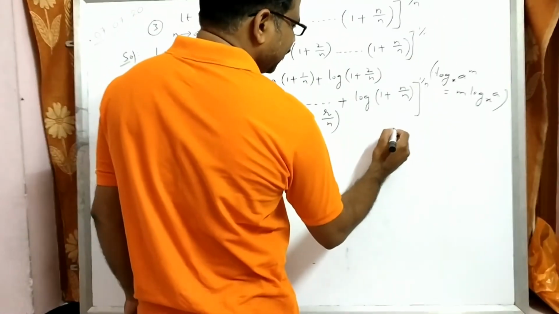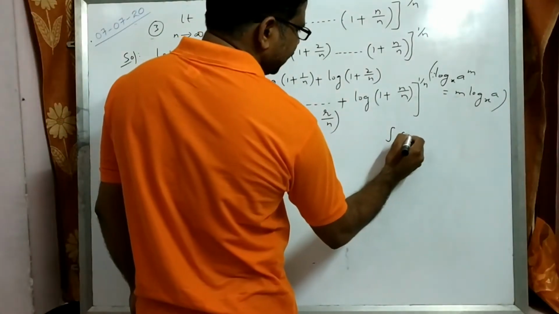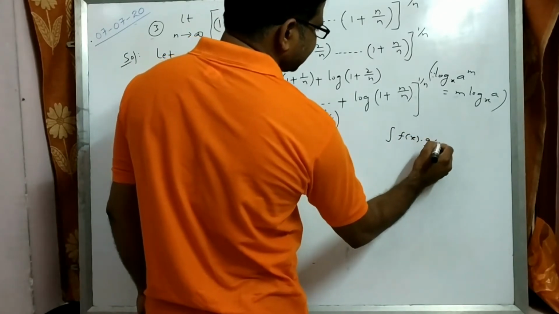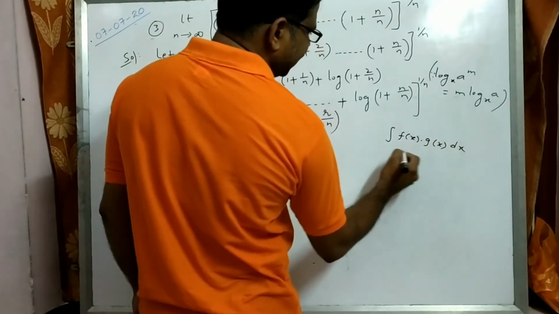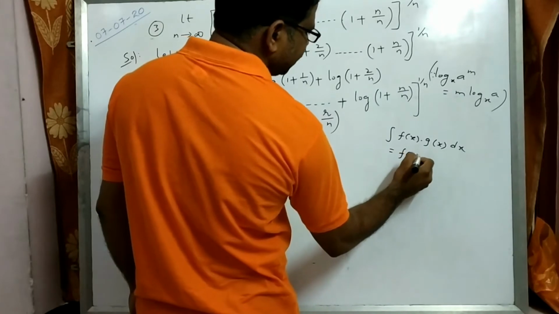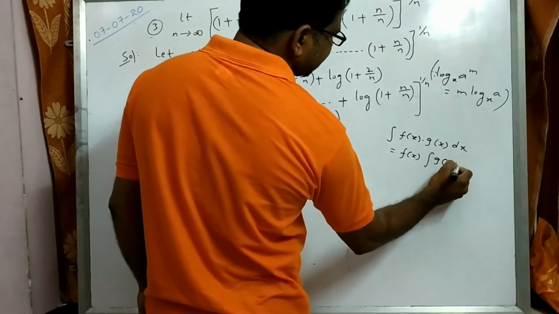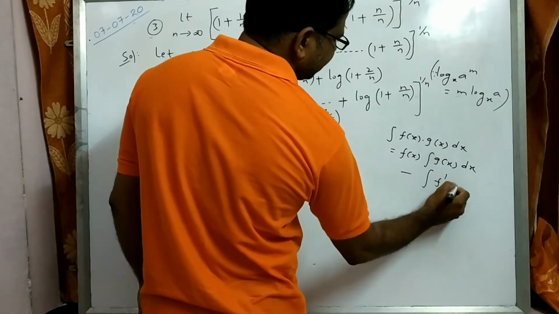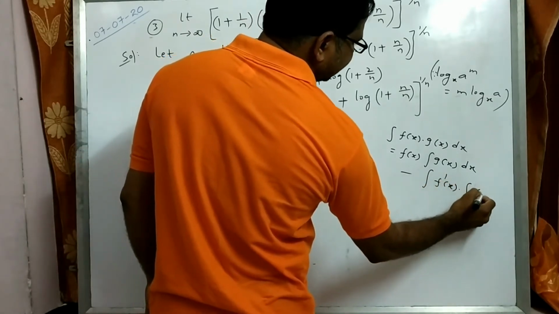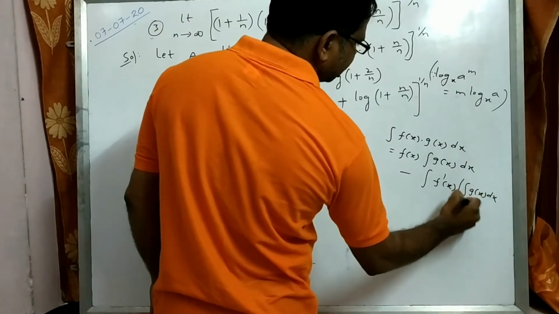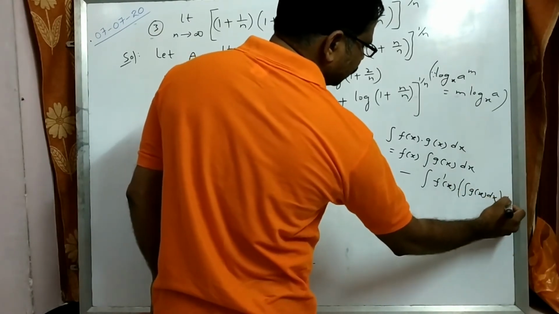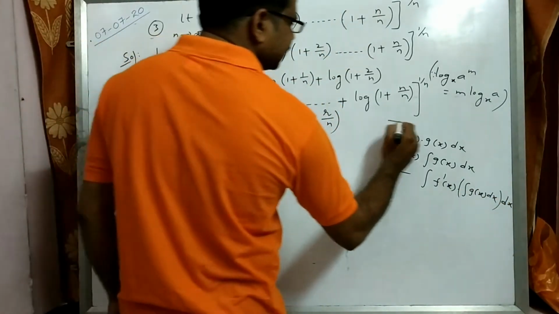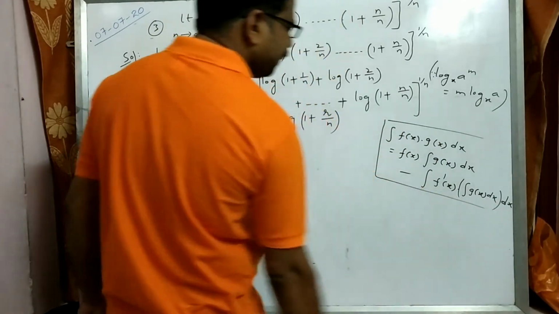By parts formula: integral of f of x into g of x dx equals first function into integral of second function, minus integral of the derivative of the first function into the integration of the second function, whole dx. This is the by parts rule, for products.